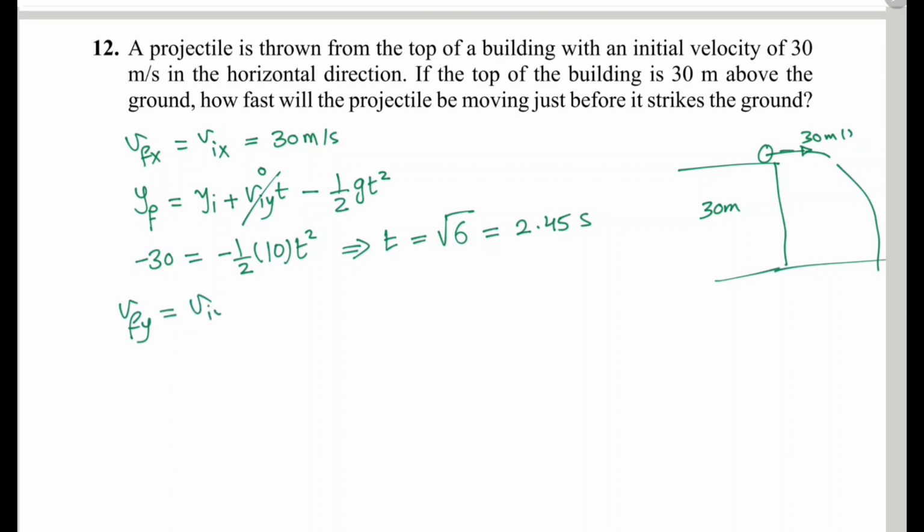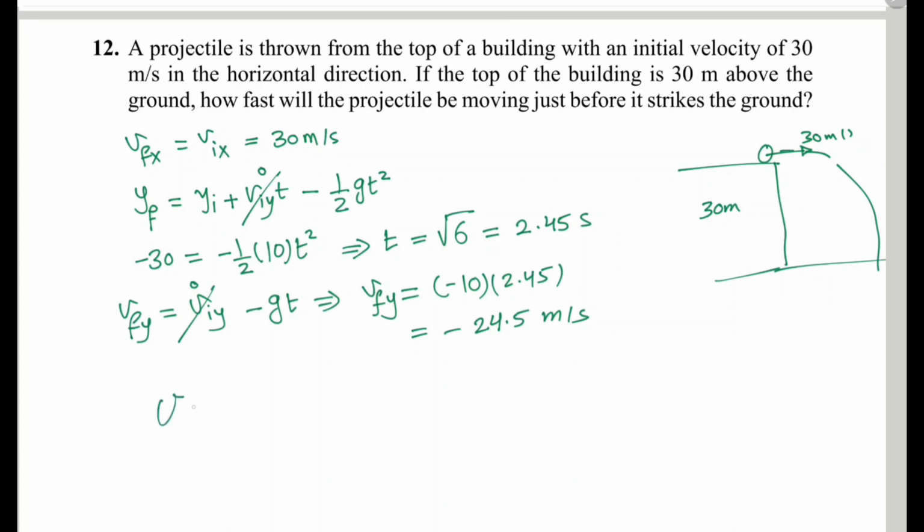So the final y equal to the initial y, which is 0, minus gt, or v final y equal to minus 10 times 2.45, in other words minus 24.5 meter per second.